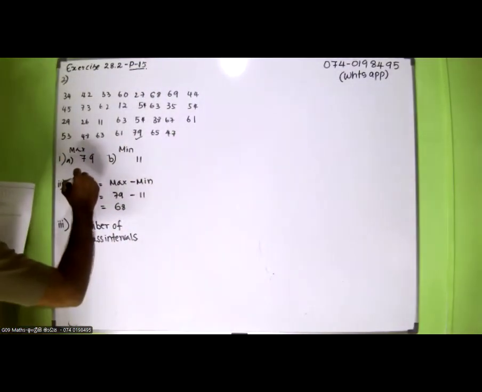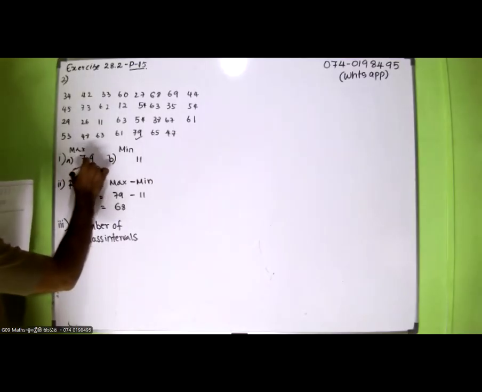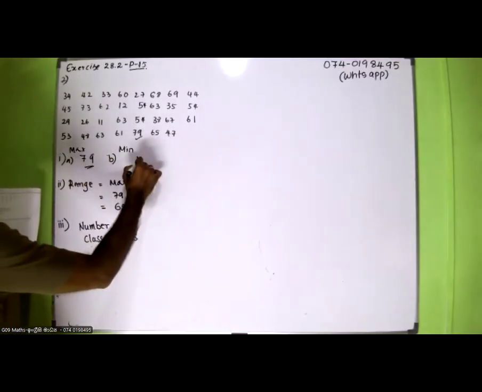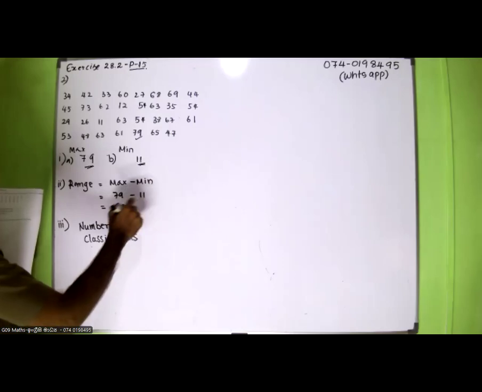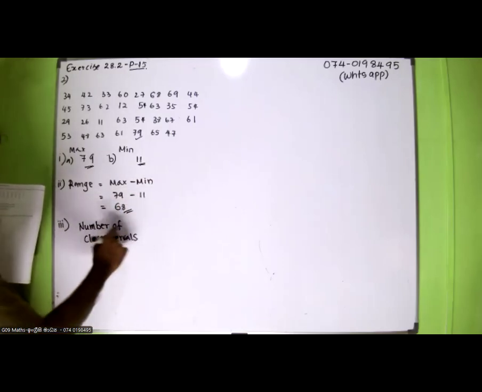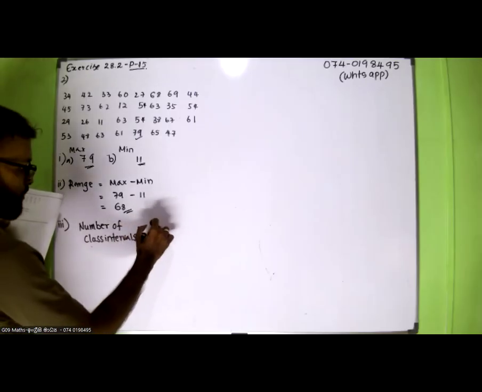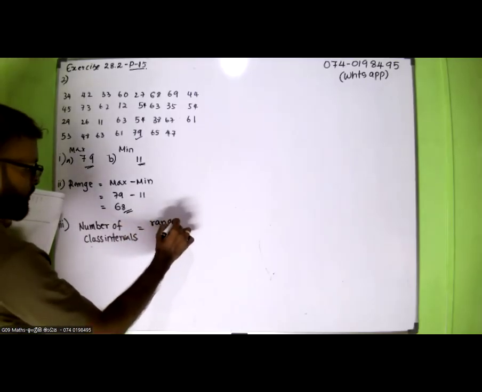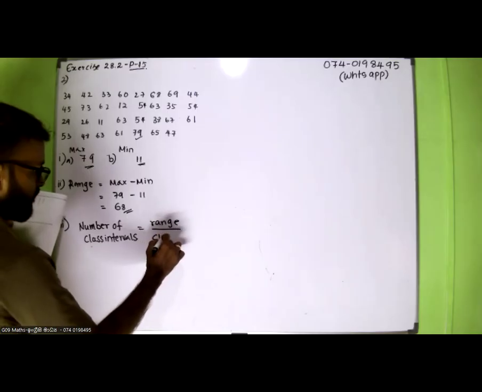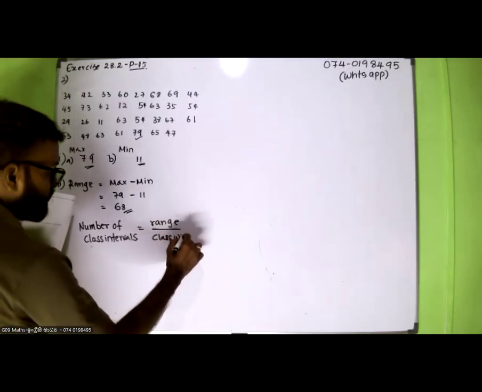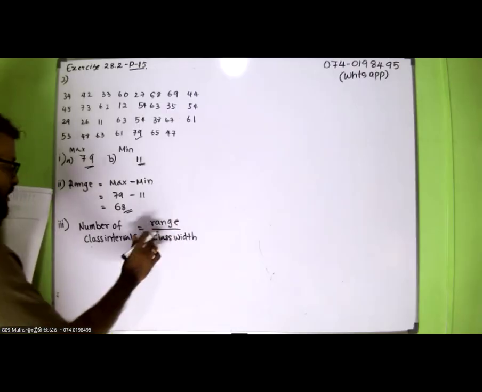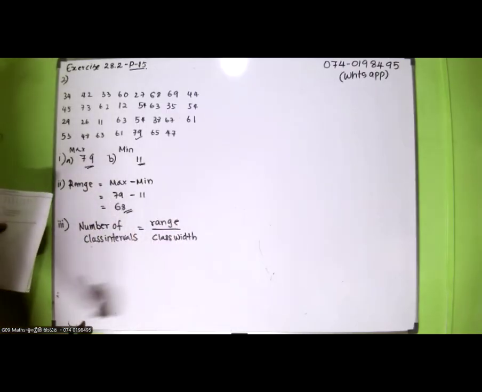The maximum number is 79 and the minimum number is 11. The range can be found by subtracting them, which is 68. The number of class intervals has been given as 7, so the equation is number of class intervals equals range divided by class width. Now you can find the class width because the number of class intervals has been given.